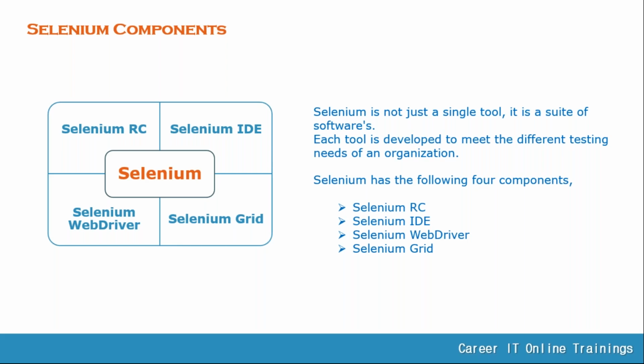I showed one diagram in the demo also, guys. The hub will have different nodes configured to it, and the hub will have the total number of test cases which are going to be executed, like 1,000 or more. Once you start the execution, the hub will distribute all the test cases to the node machines, so that they run in parallel and your test execution will be faster. For that purpose, we use Selenium Grid.